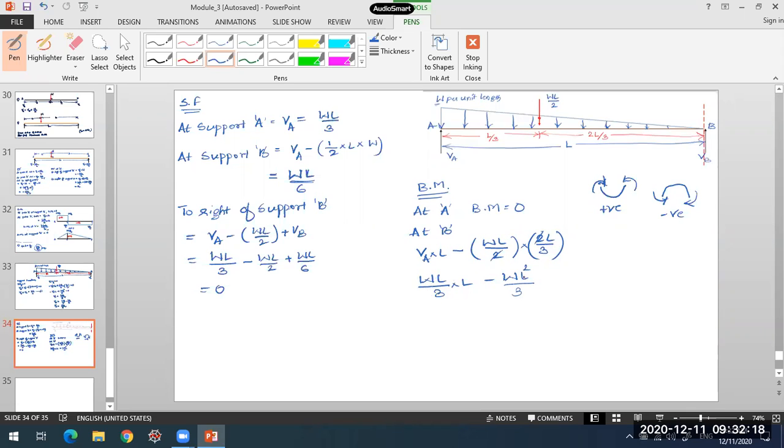You can see W L square by 3, W L square by 3, so this moment will come to 0. This is my calculation.